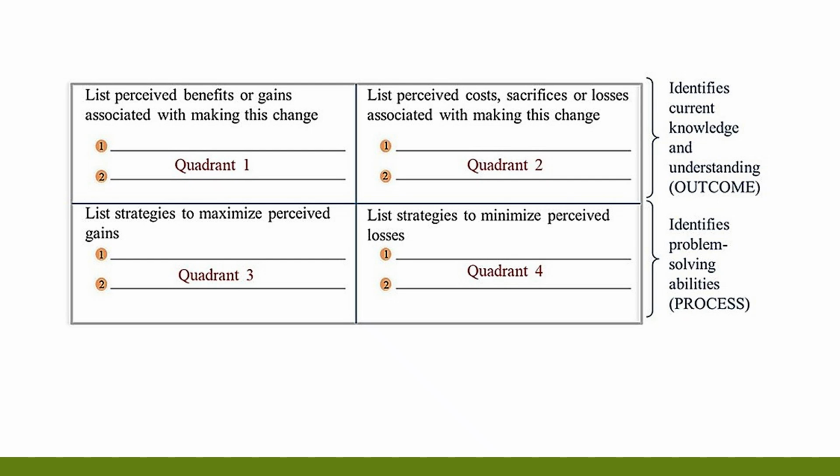Now, we're going to have to make some changes here, because this is your current mindset. And if we look at your current mindset, and you've got things that are scored highly in quadrant 2 and things that are scored poorly in quadrant 3, we fundamentally have some problems. Because if you think about it, what is our ultimate goal here? Our ultimate goal is to look at everything in quadrant 2 and score them very low.